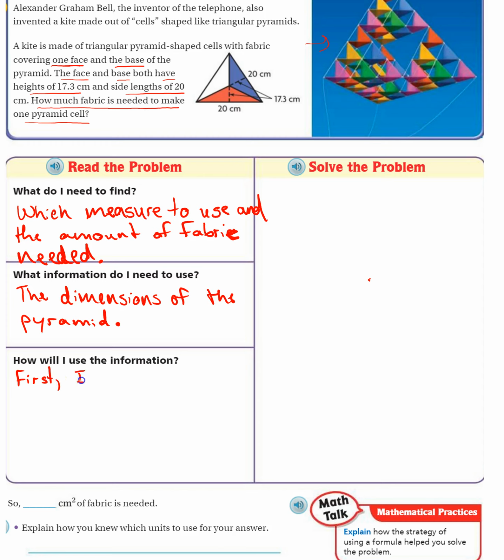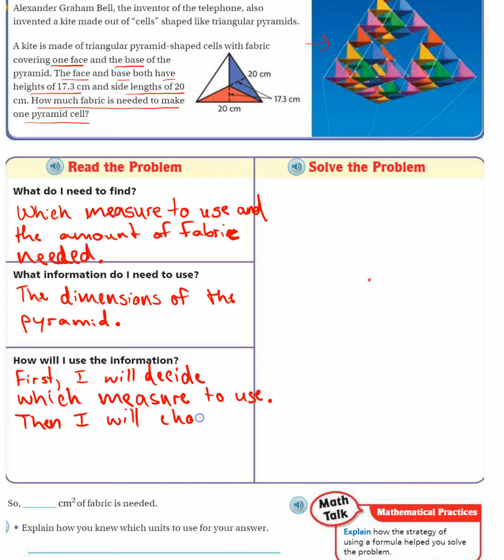First, I will decide which measure to use. Then I will choose the formula to go with it.